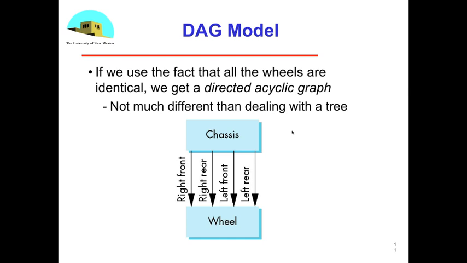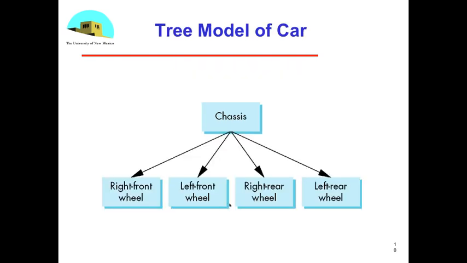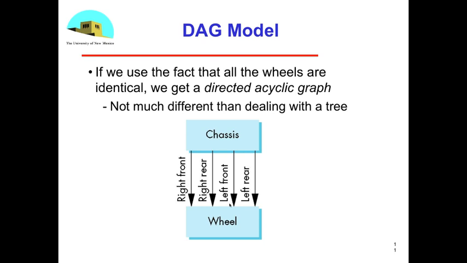In terms of writing code for a directed acyclic graph, it's generally pretty much the same as writing code for a tree, so we don't really need to worry about the difference between this model and this model up here. I'll tend to draw things as trees, but realizing that a lot of the nodes may all point to the same eventual object that we want to draw.